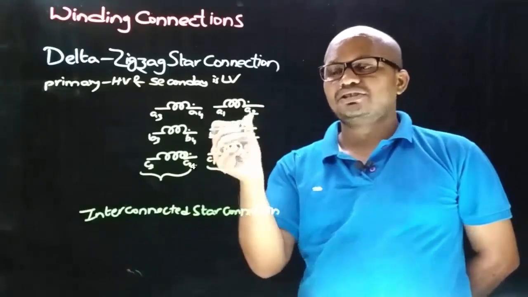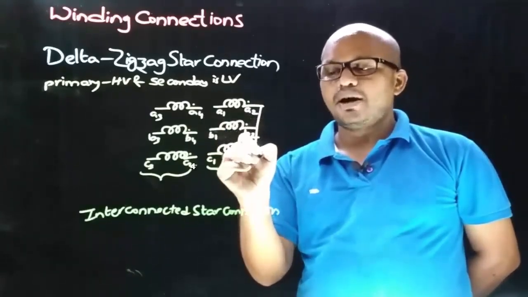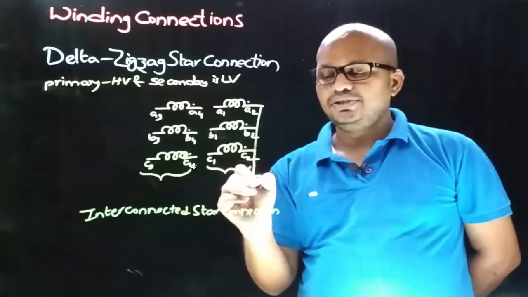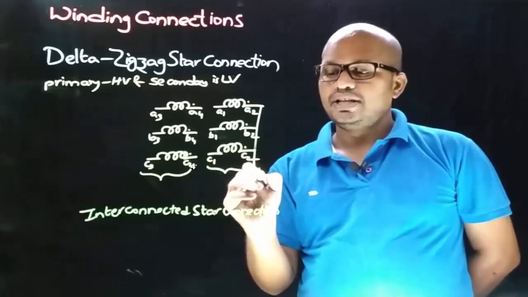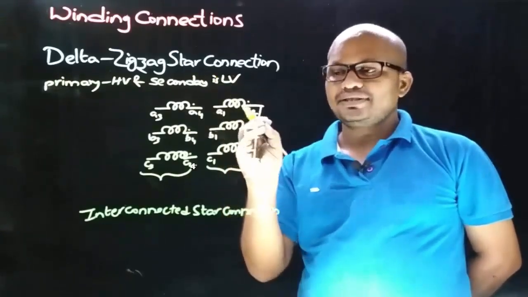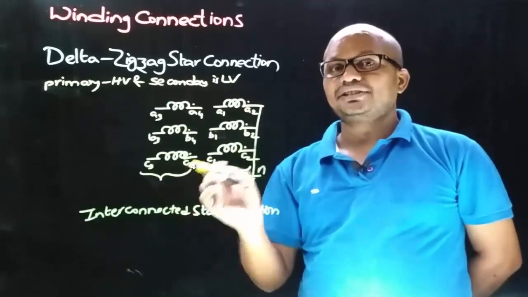Here for star connection, let's consider the dotted terminals as common end terminals and connect these 3 to the ground and give it the notation N. As zigzag star connection has a star connection internally, it is also called interconnected star connection.